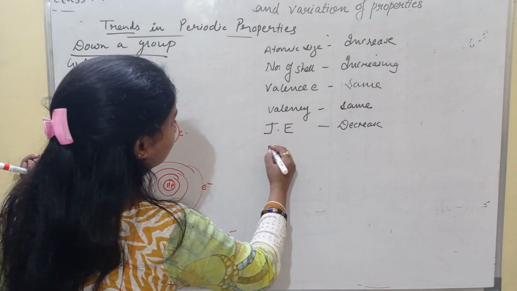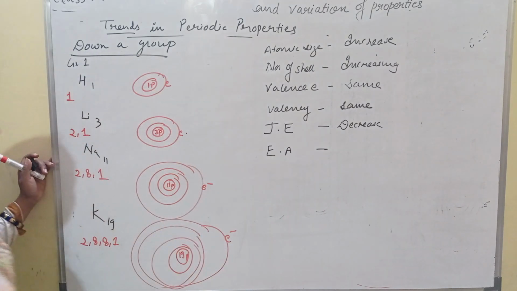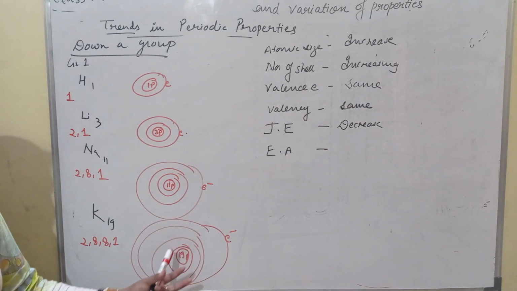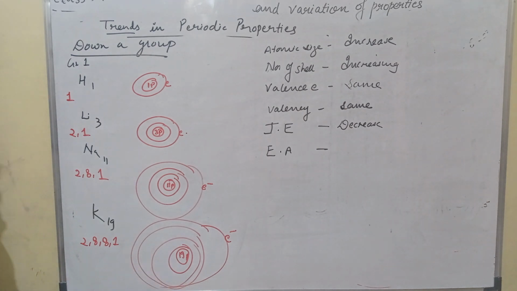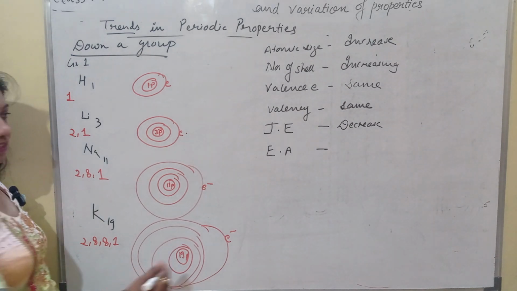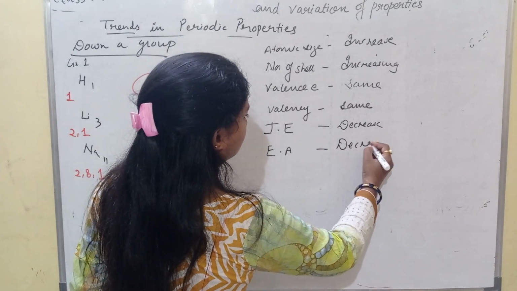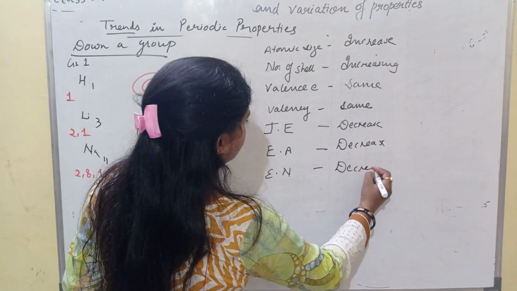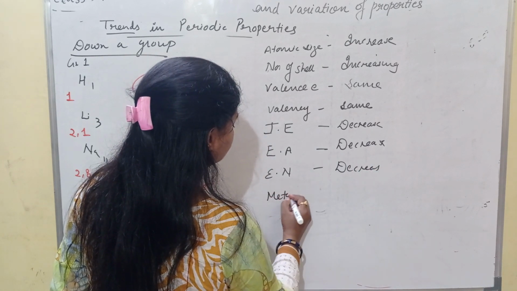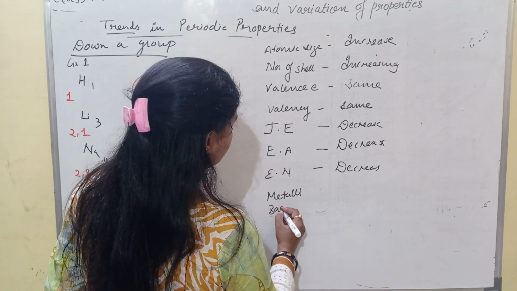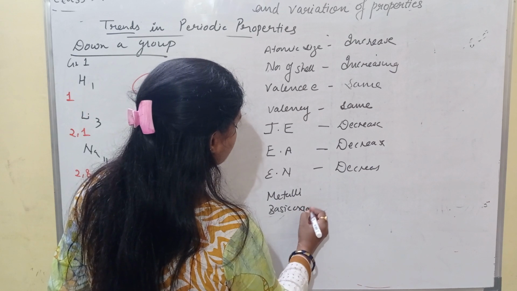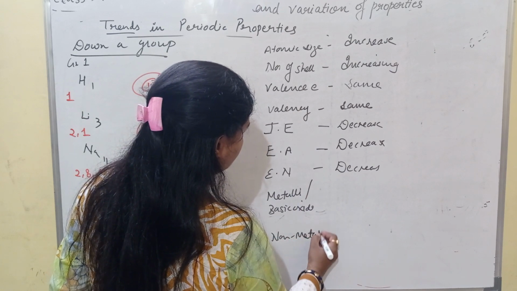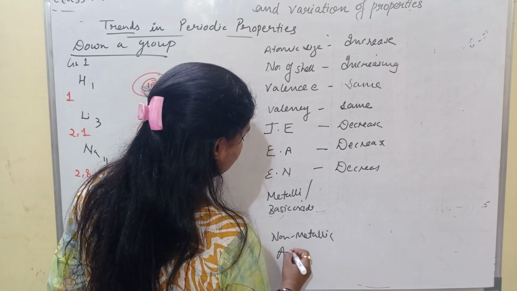Then electron affinity. You can see that as the size is increasing, the tendency to attract electrons also decreases, so this also decreases. And the same is true for electronegativity, it also decreases. Metallic character, basic oxide. Non-metallic, acidic oxide.